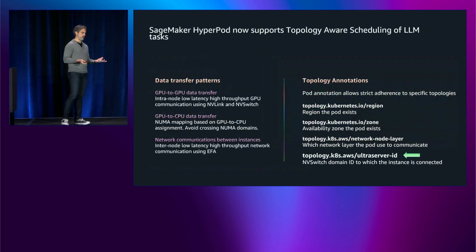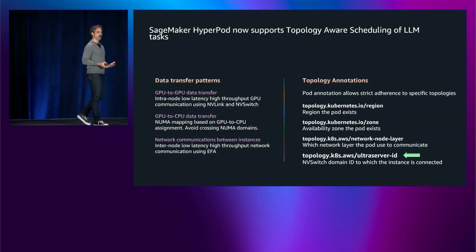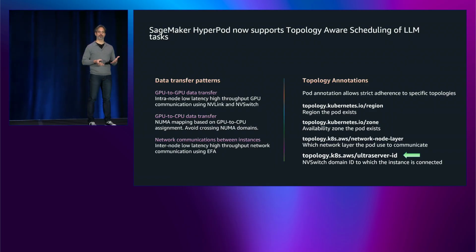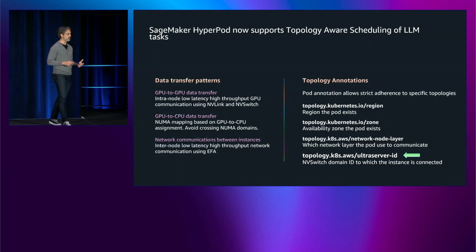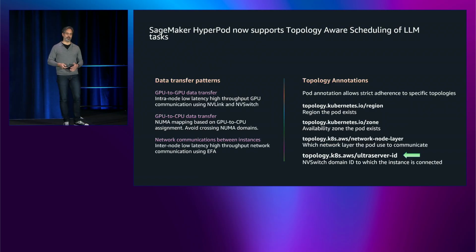Well, of course, when you're training your models and you're using a lot of those devices, you want data as close to the compute as possible. In order for you to do so, in Amazon SageMaker HyperPod we have a feature called topology-aware scheduling, where when you're deploying those models with many different servers together, we understand how to deploy those models so that data and compute are close together.